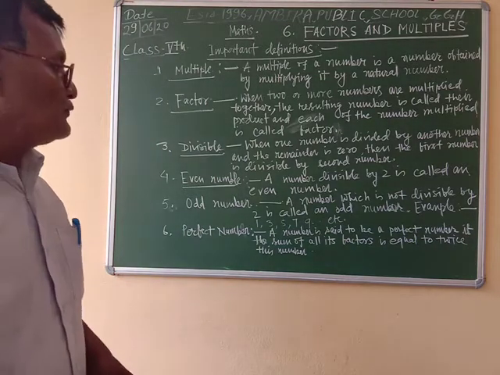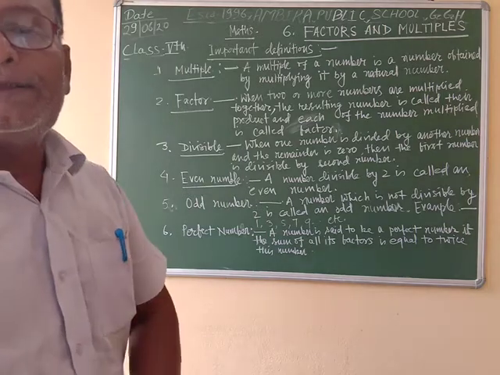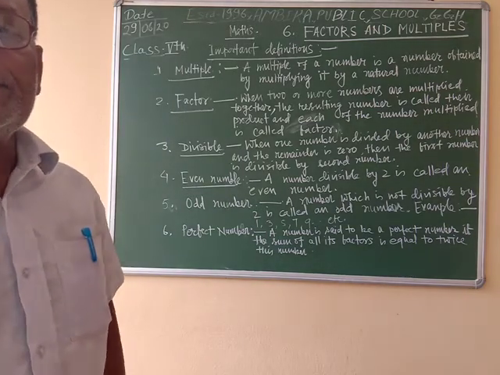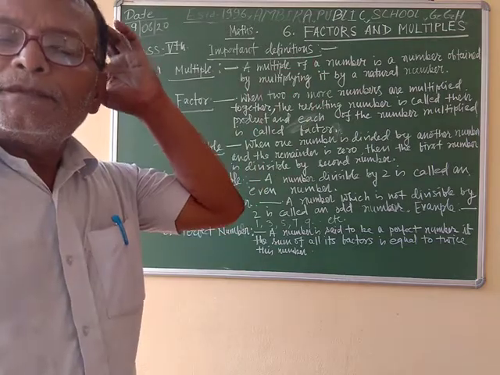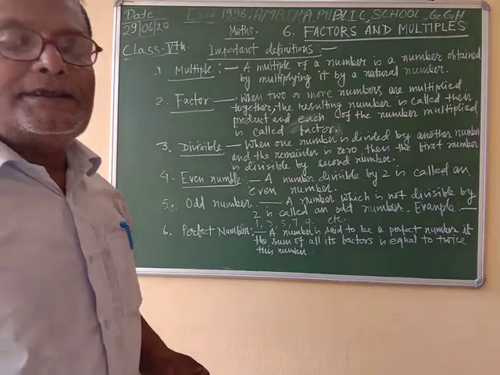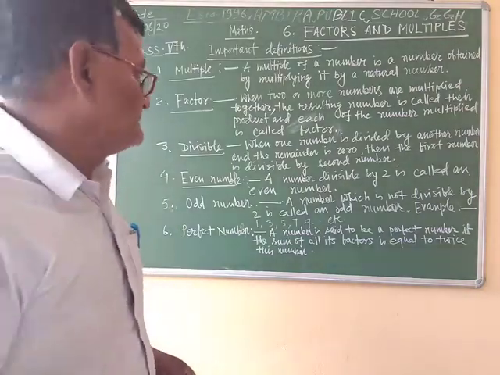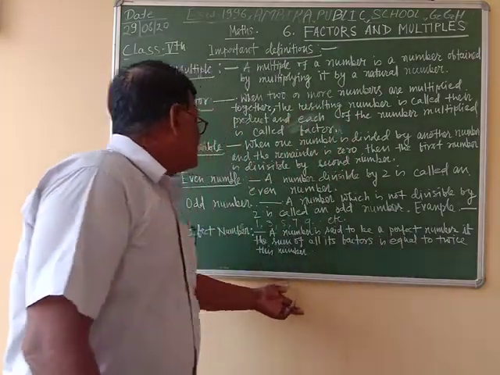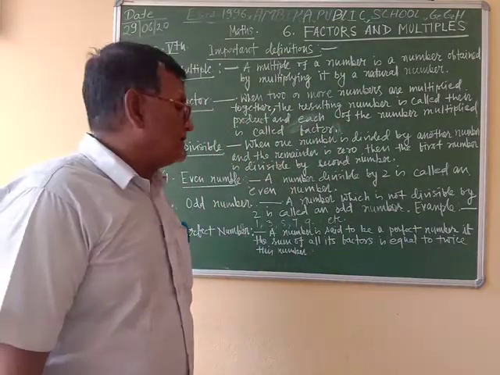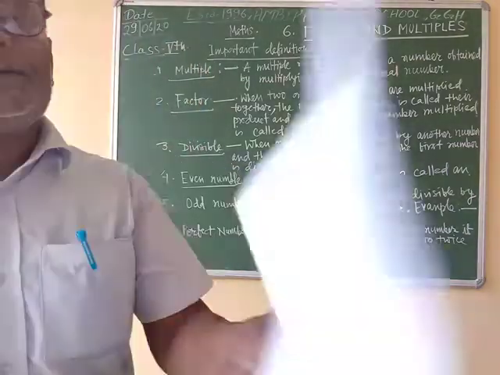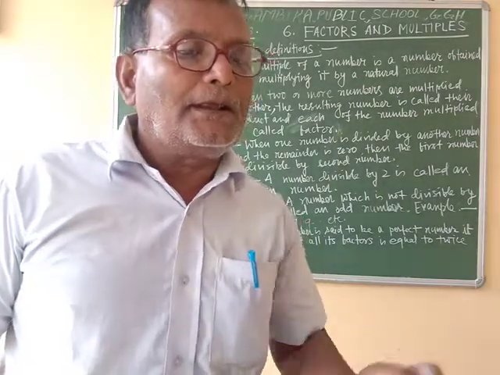Here 1 plus 2 plus 3 plus 6 is equal to 12, which is 2 into 6. Here 6 is a perfect number. A number is said to be a perfect number if the sum of all its factors is equal to twice this number.